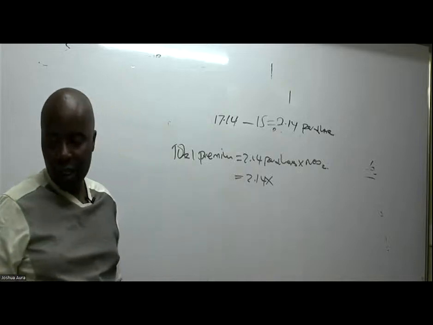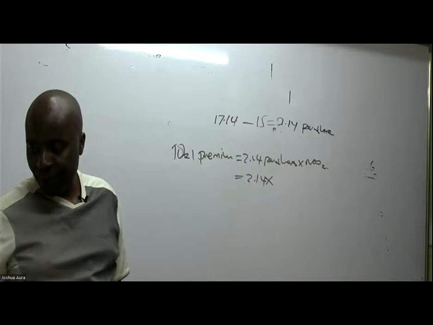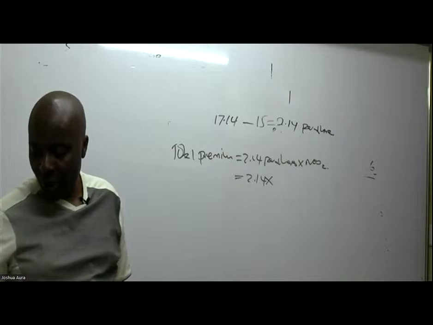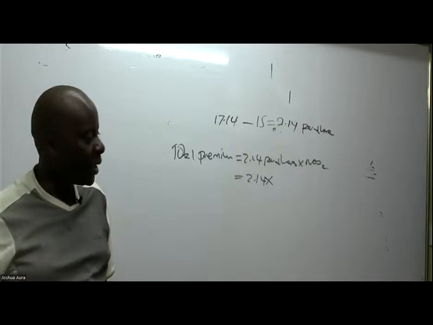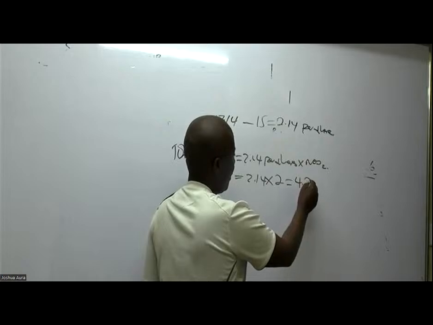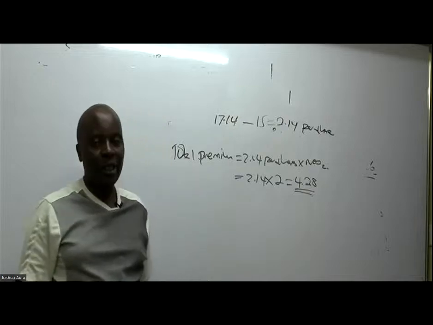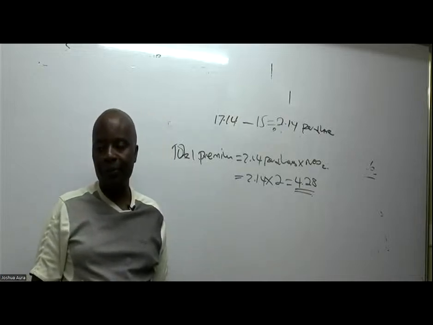Number of ordinary shares, which I can see there are 2. 2.14 times 2, which will end up giving us 4.28. So are we together really here?